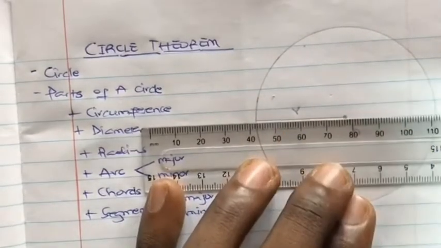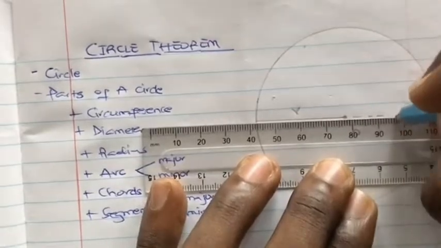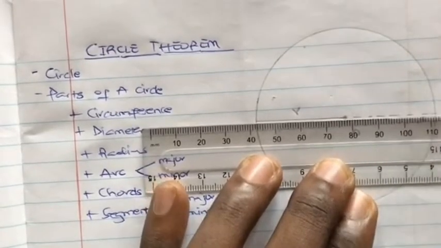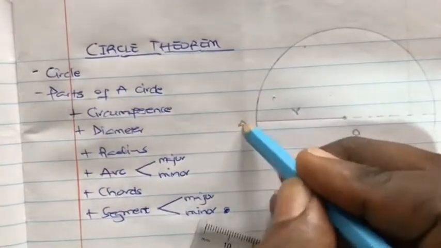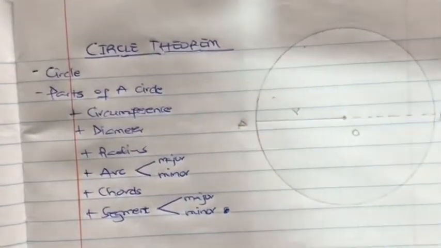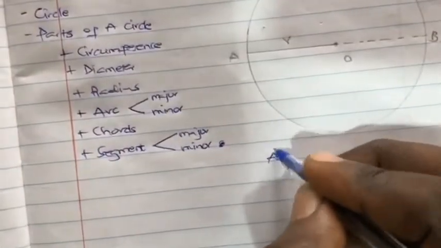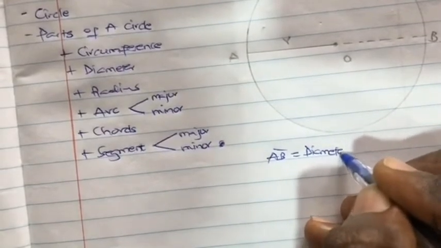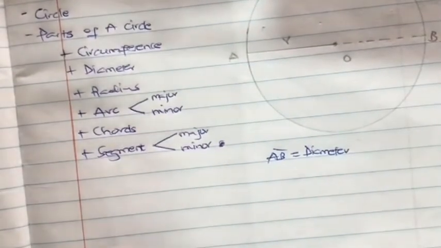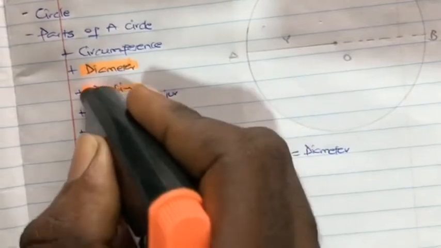So this is the radius, and if I extend the radius to trace another point on the path, it will give us the diameter. So this whole length AB is the diameter, and r is the radius. So now we know what a diameter is, and what a radius is.